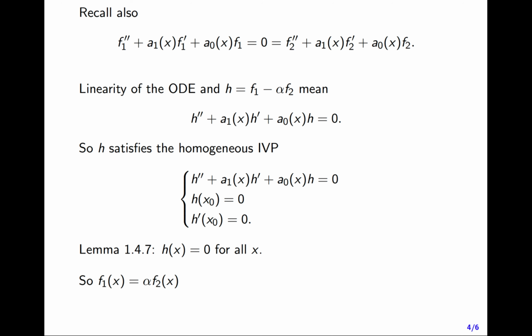But what is h? f1 minus alpha f2. So f1 of x is equal to alpha f2 of x for all x. This means f1 and f2 are linearly dependent, and this contradicts the linear independence of f1 and f2 that I assumed. So we have proved part 1 implies part 2.